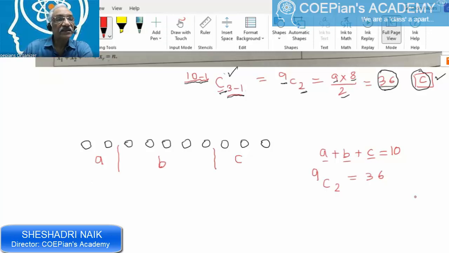Okay, so let's take another example of the partition. Let me erase this particular partition and put the partition here. Okay, arbitrary. Still, A plus B plus C is equal to 10.